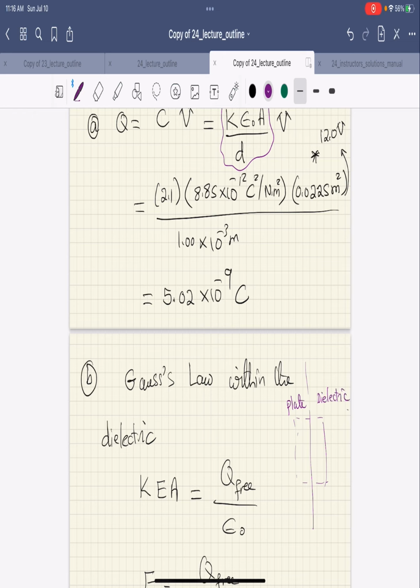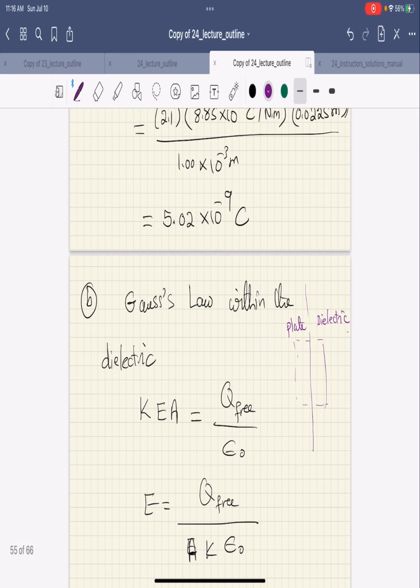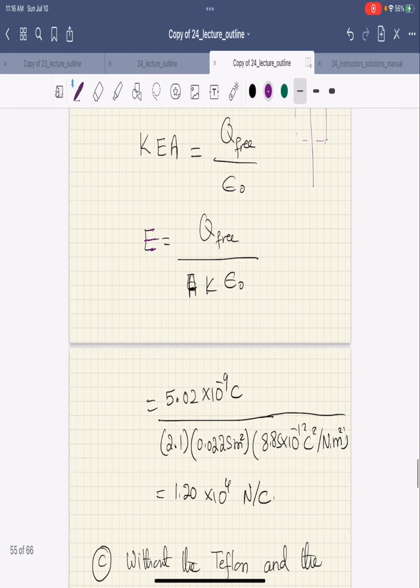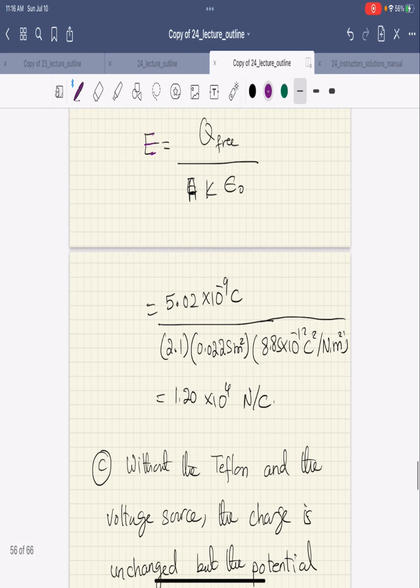We said K times E times A equals Q free enclosed divided by epsilon 0, and then my E is going to be Q free divided by A kappa epsilon 0. I plugged in my numbers, and this is 1.20 × 10^4 newtons per coulomb.